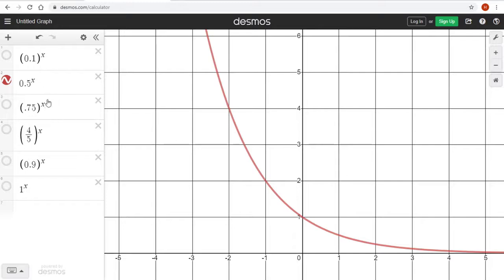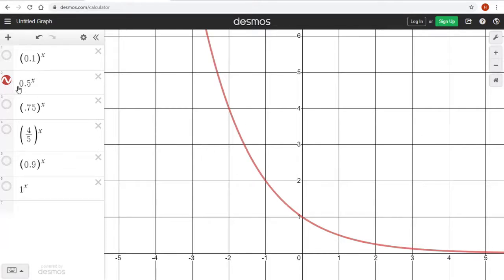We don't need a table of values here, but let's ask Desmos to quickly bring up the graphs for a few other exponential functions where the bases are all positive, of course, but less than 1, so that we can study some further properties and draw out a common pattern of how these graphs behave.